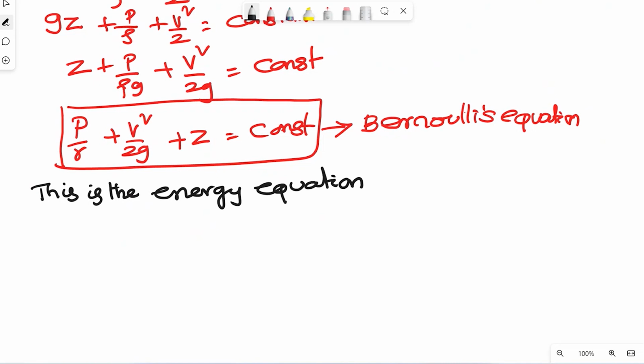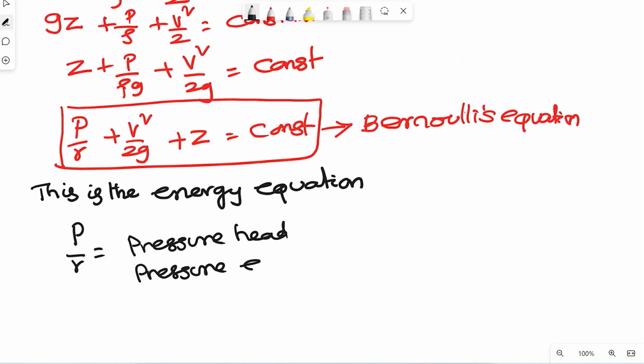Here, there are three terms. The first one, what is p by gamma? It is also called pressure head, and this is also called pressure energy. It is basically the pressure energy per unit weight of fluid.